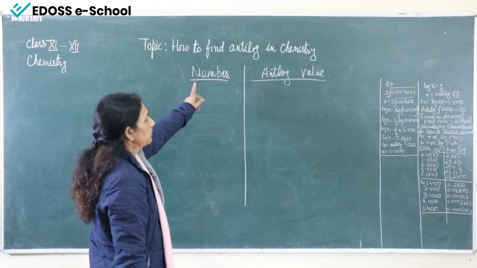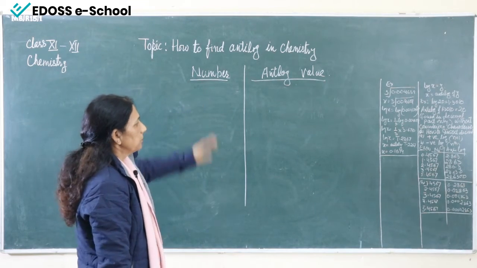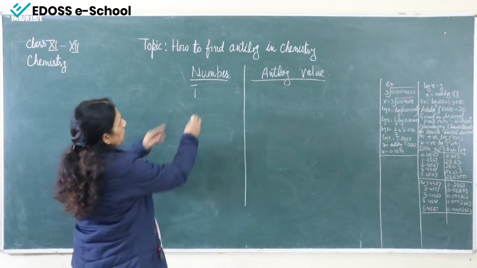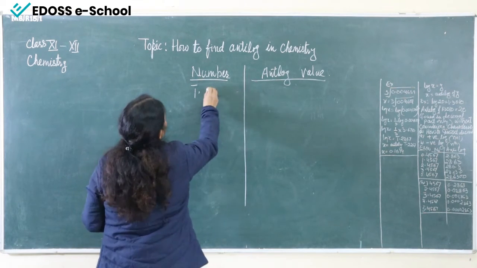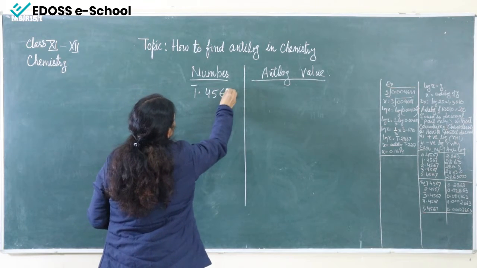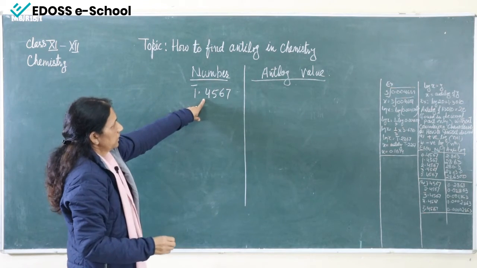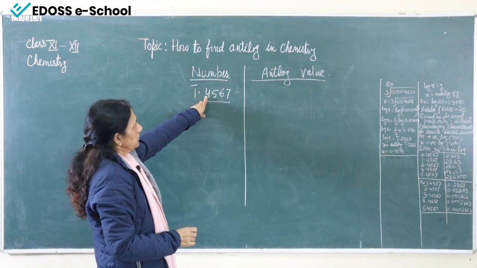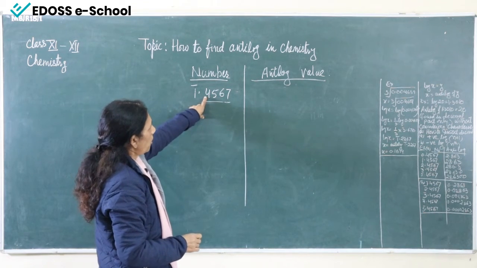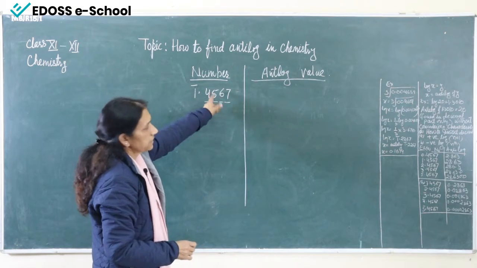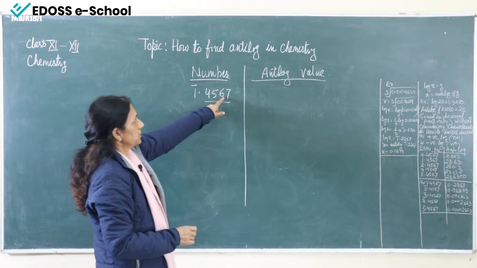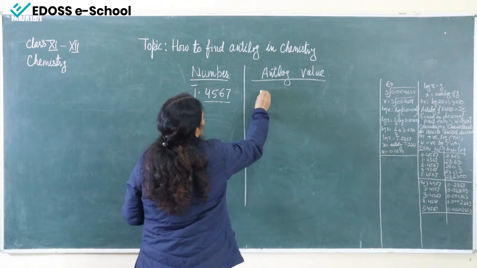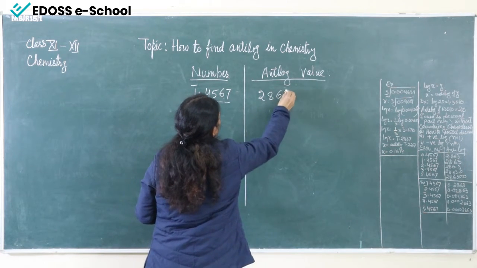The same number I am taking: 4 bar, negative, and the number is the same, 4, 5, 6, 7. Again, the anti-log of 45 we have to see at 6 and then take the mean difference at the 7th place and add it. So, the value will remain the same, 2, 8, 6 and 3.